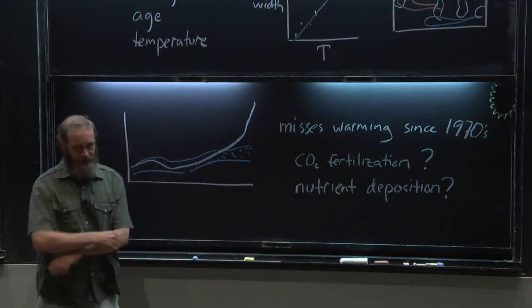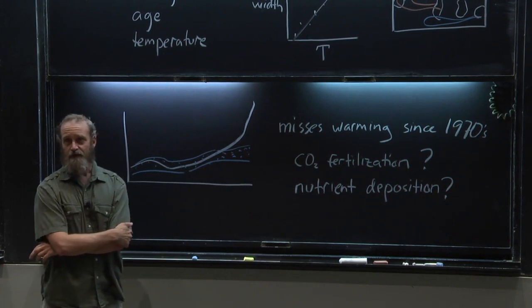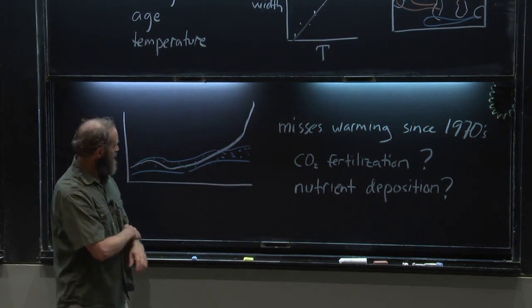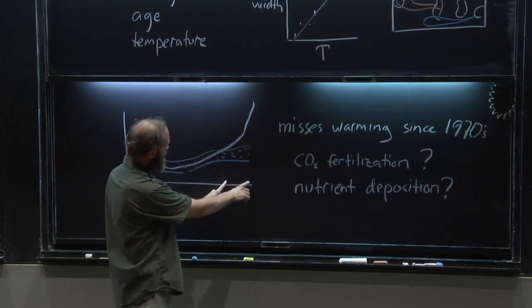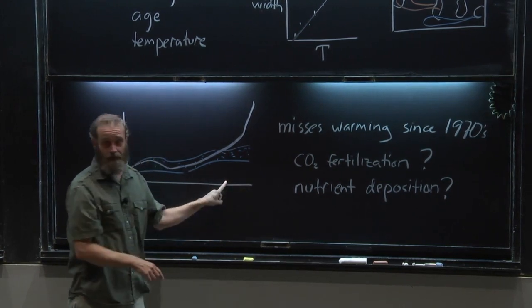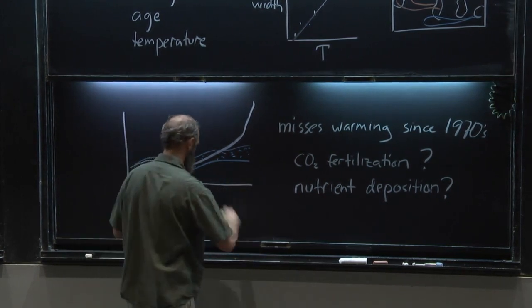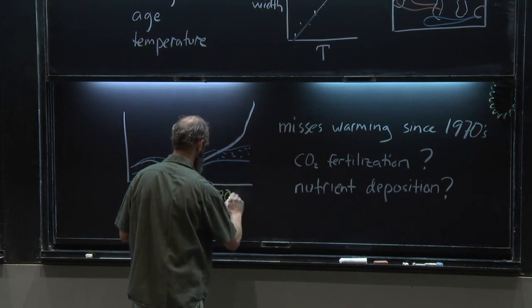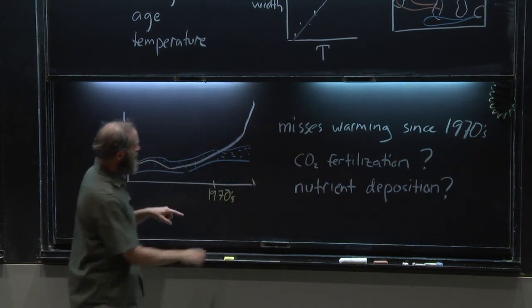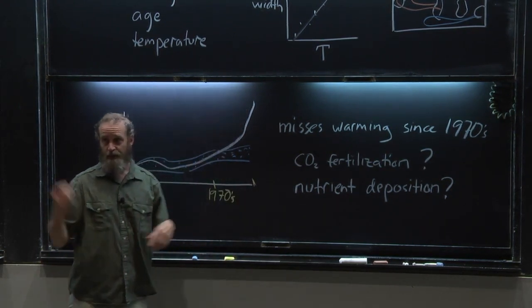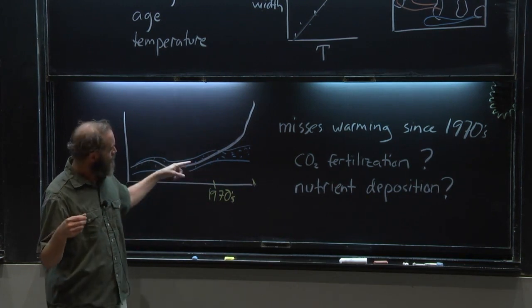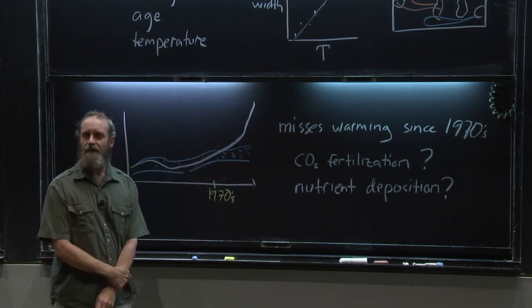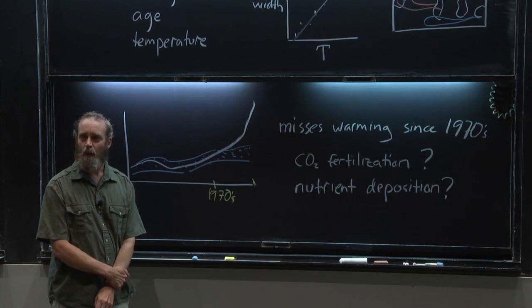So it's not a secret, but there is a problem with the tree ring data, and that is that in the most recent few decades of the instrumental record, starting from about the 1970s to today, the temperature as measured by thermometers has gone up, but the tree rings don't show that. And it's not clear why that is.